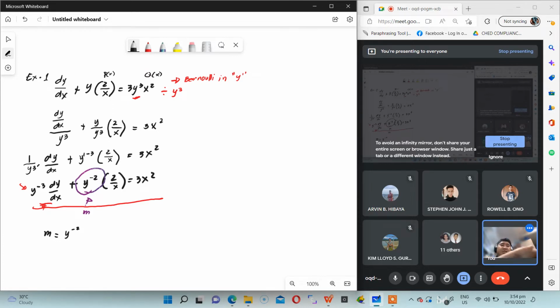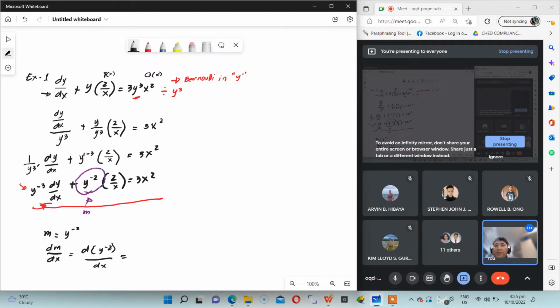So, the next thing you need to do is to derive this one. So, therefore, derivative of m with respect to, remember, that is over dx. So dx equals, so we need to derive this one. So y over dx.